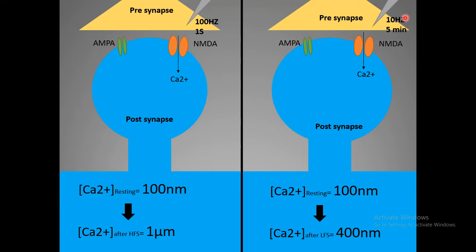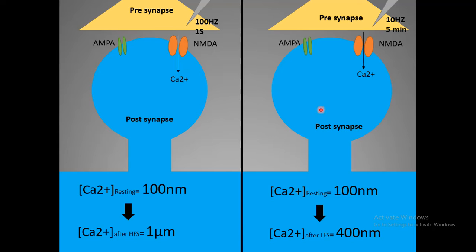Whereas in the case of low frequency stimulation, about 1 Hz for 5 to 15 minutes, people have found that calcium enters slowly, and the resting calcium of 100 nanomolar increases and is maintained at a level of 400 to 500 nanomolar, which is not as high as in high frequency stimulation.